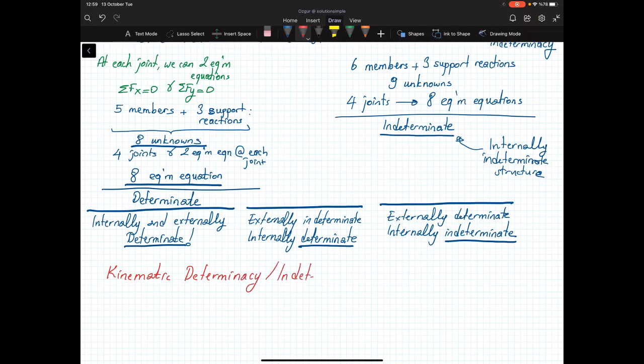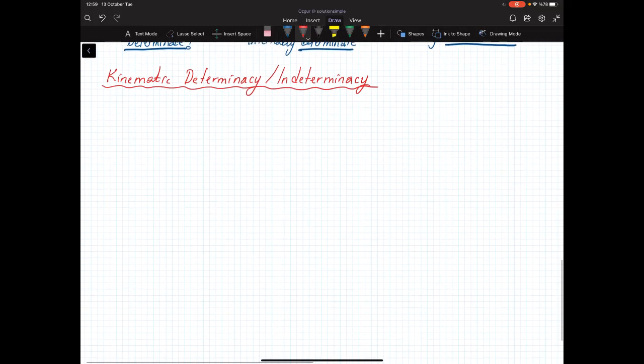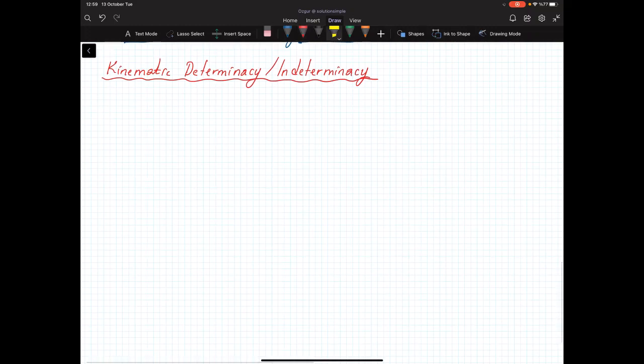This is what we care about, because the analysis methods that we will focus on are related to the deformation of the structure. So here, the term kinematic refers to the deformation, not the forces, but the deformation of the structure. Now, let me write the definition and then we will continue to discuss.